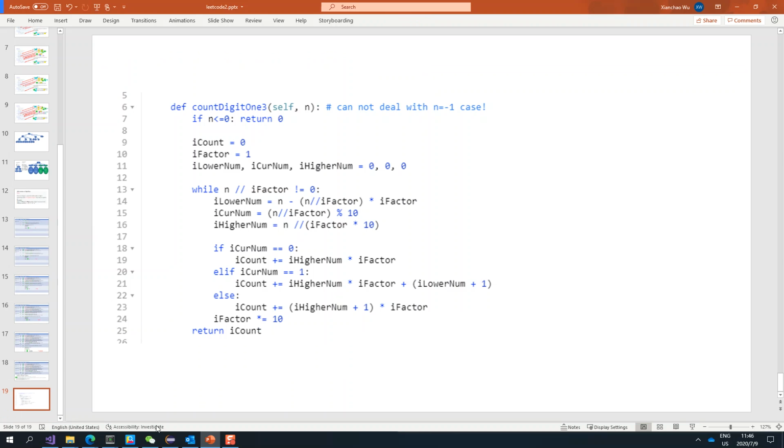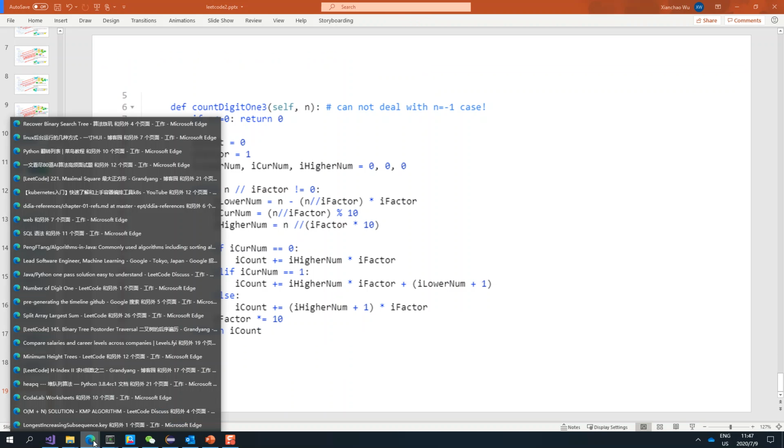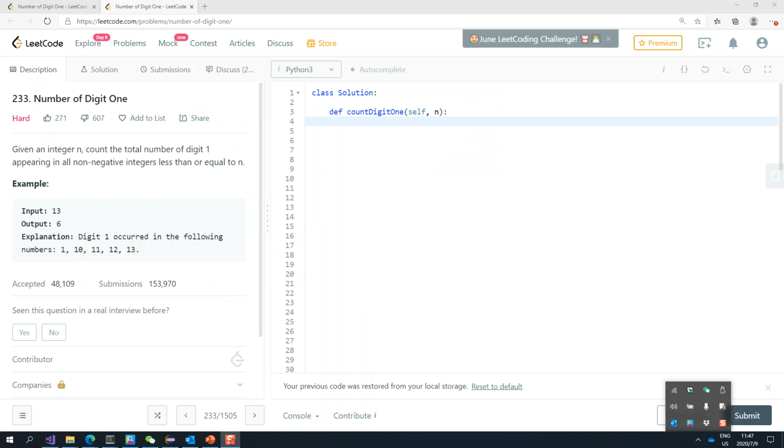Okay, let me write the code here, right? First, if n is smaller than or equal to 0, we return 0.